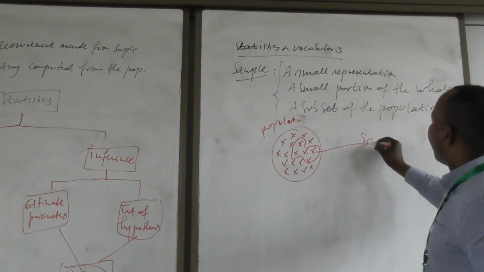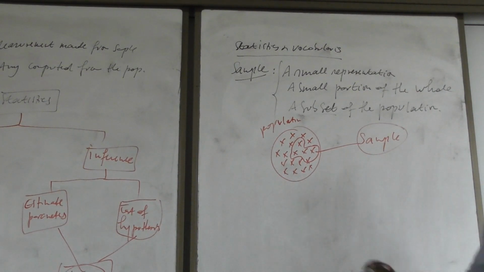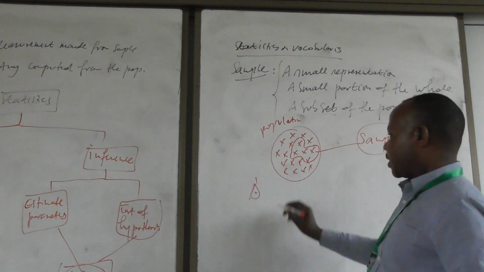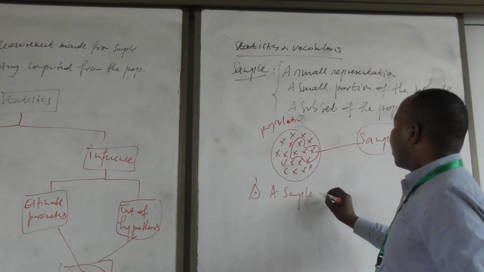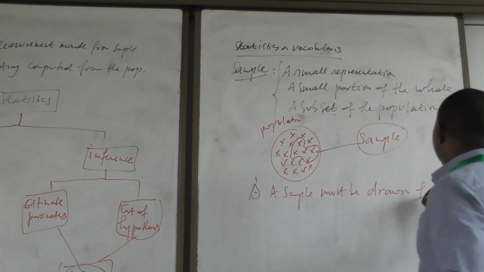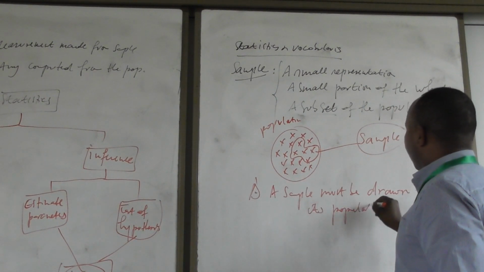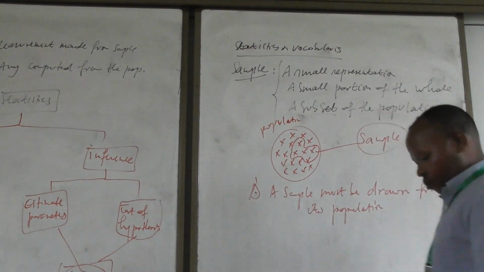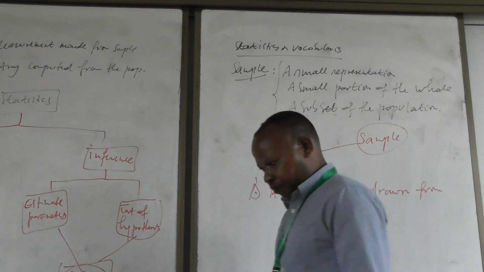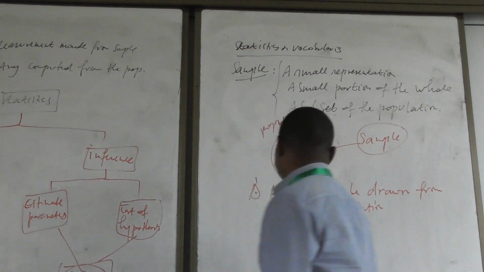So this is a sample. You have to know that a sample must be drawn from its population. So a sample must be taken from its population. Don't take a sample and then attribute it to a population which is different.